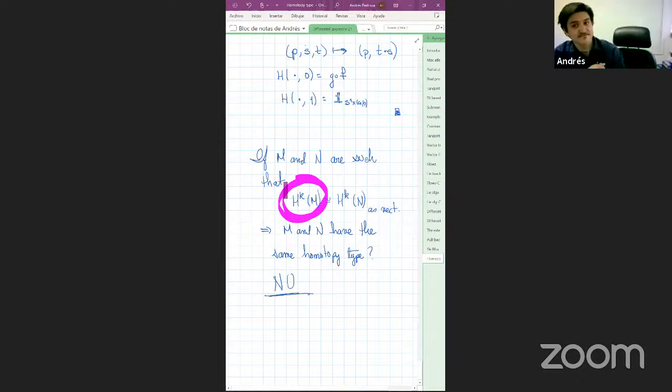The circle and Euclidean space. That's all that we have, right? With those examples, there's no counterexample to your question. The answer is no.